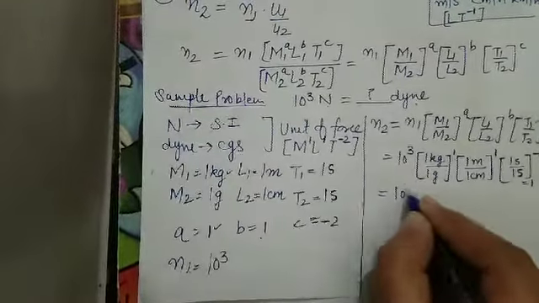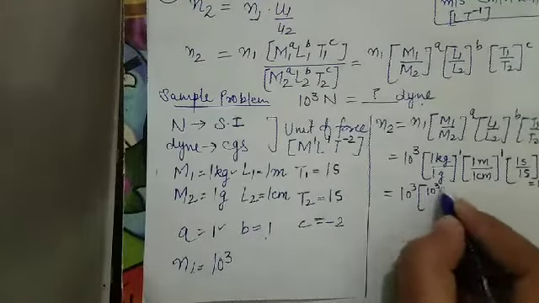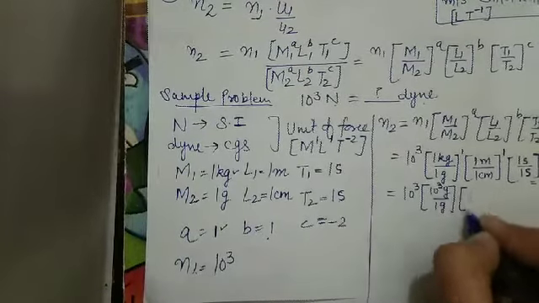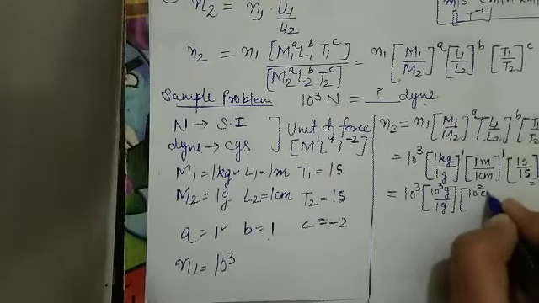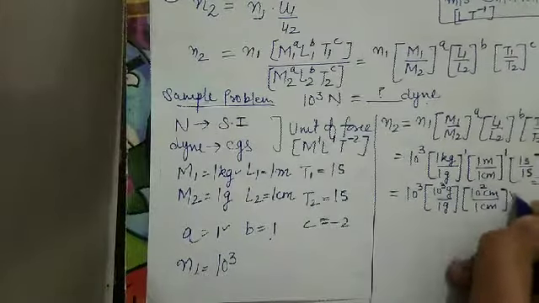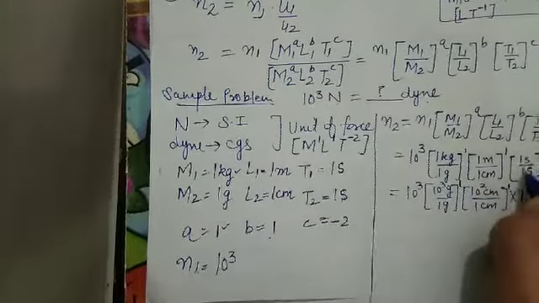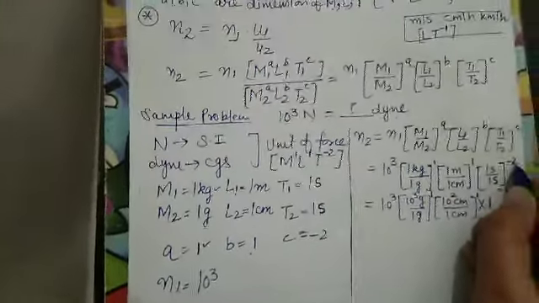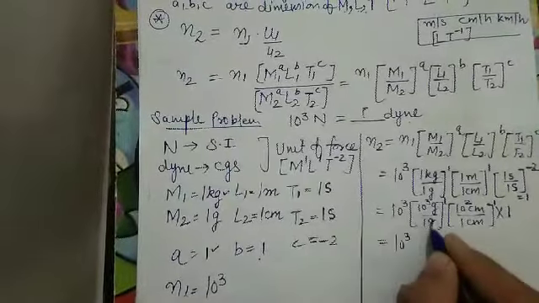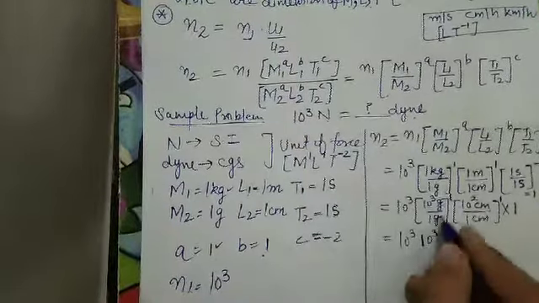Continue. 10 raised to power 3. 1 kilogram has kilo; kilo means 10 raised to power 3 gram upon 1 gram. 1 meter is 100, 10 raised to power 2 centimeter upon 1 centimeter, into 1. 1 raised to power anything is 1. So 10 raised to power 3, gram cancels with gram, so it will be 10 raised to power 3, power 1.